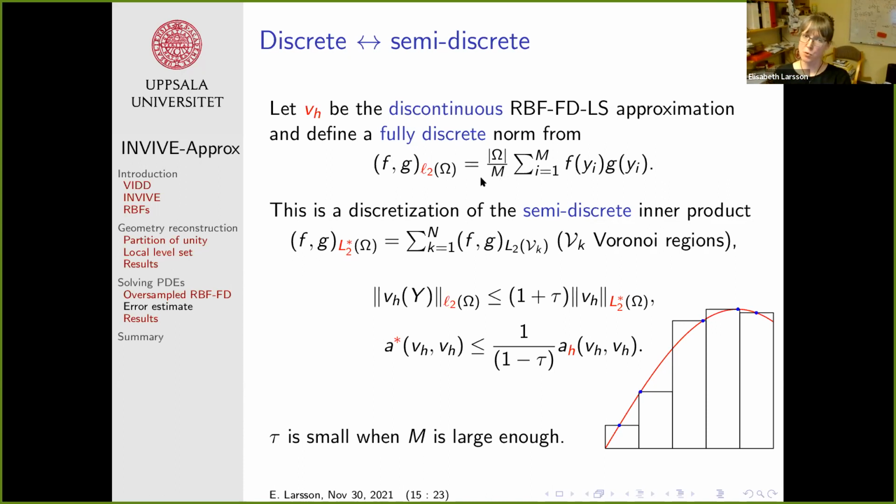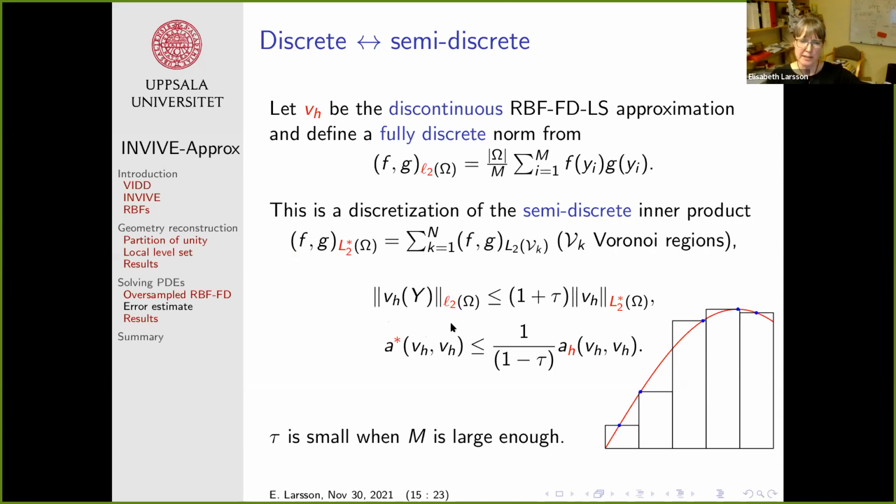So this is a discrete quadrature that is approximating a continuous quadrature. And we are going to take it in two steps because our functions are piecewise continuous, or piecewise smooth, partly smooth at least. So we have a semi-discrete norm where we take the L2 norm over each Voronoi region, and then we sum this together.